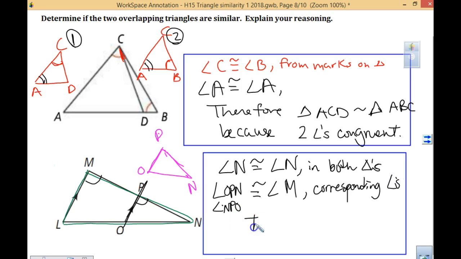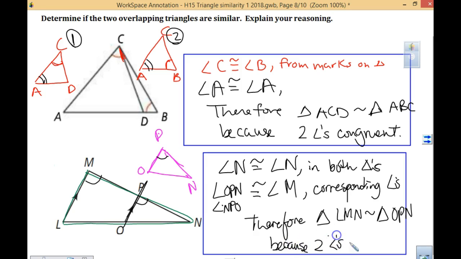We are then going to say, therefore, triangle, and if we are going in order from L to M to N, is similar to triangle, we are going to go from O to P to N. And our reason is because we have 2 angles congruent.